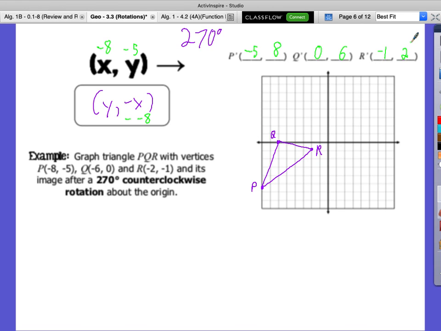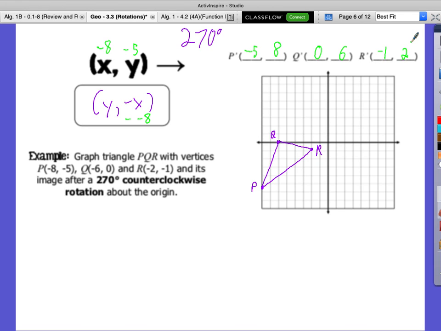There are always going to be rules for our rotations. It was already negative, we had to take the opposite of the negative. So just like with p prime, we took the -8 and made it a positive 8. Just like this -5 stays -5, the -1 will stay -1, because we don't change the sign on that.